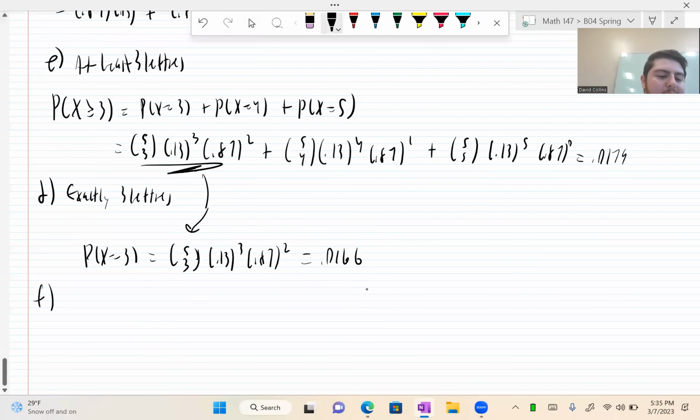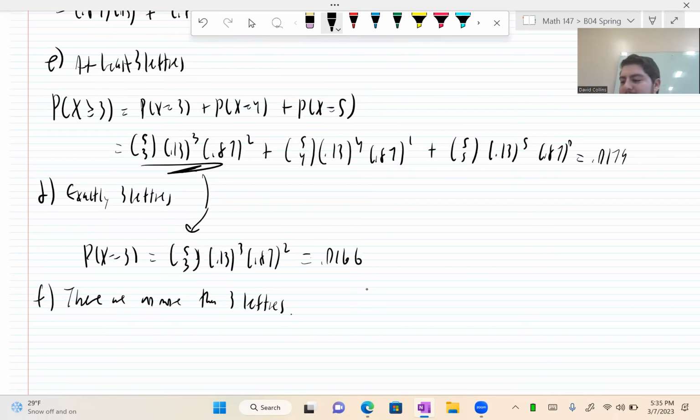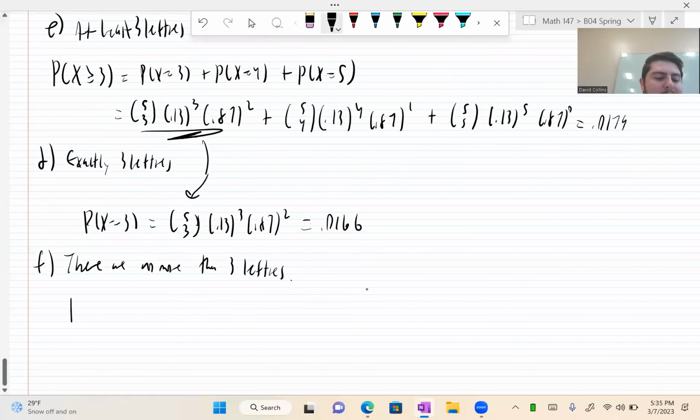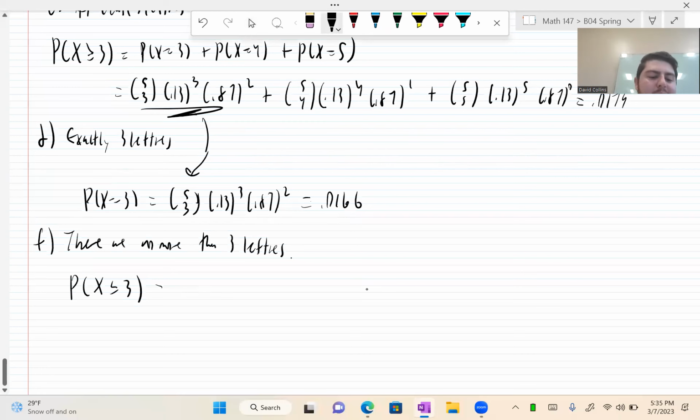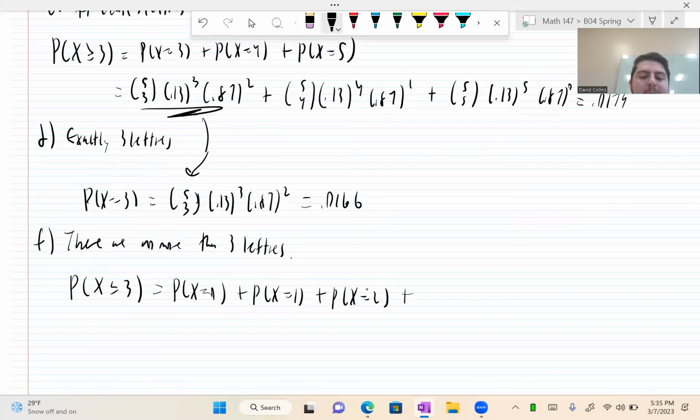One more part. There are no more than 3 lefties. So this is the probability that X is less than or equal to 3, which is the probability X equals 0 plus the probability X equals 1 plus the probability X equals 2 plus the probability X equals 3.